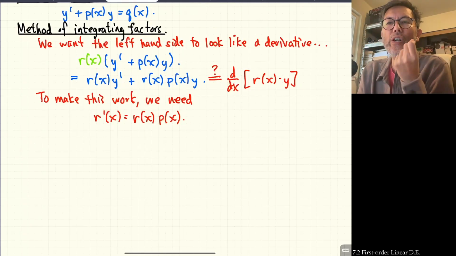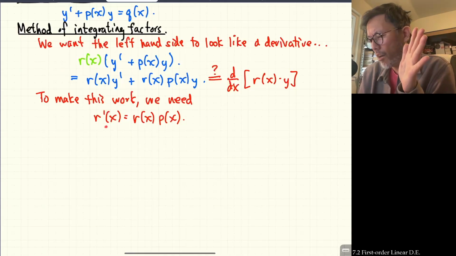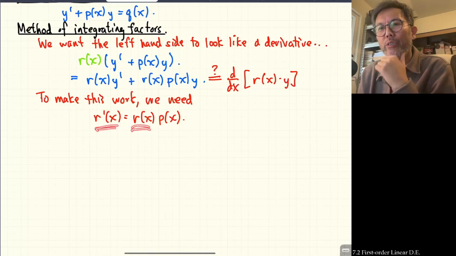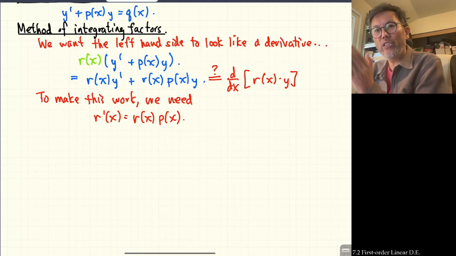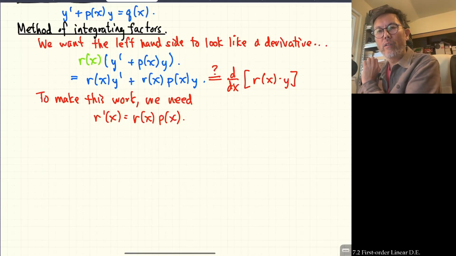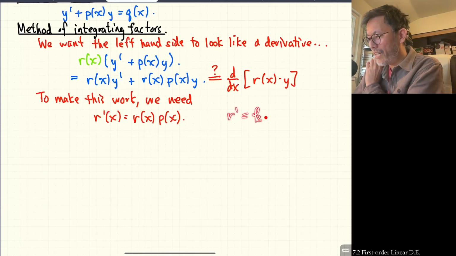Can we think of a function which does this? It's kind of like r prime is proportional to r: the derivative of the function is proportional to the function, like r prime equals k times r.